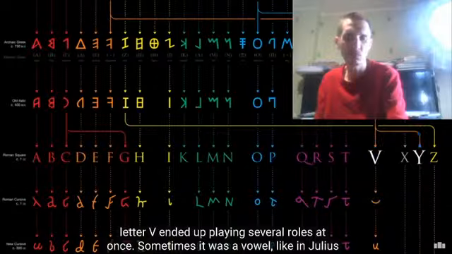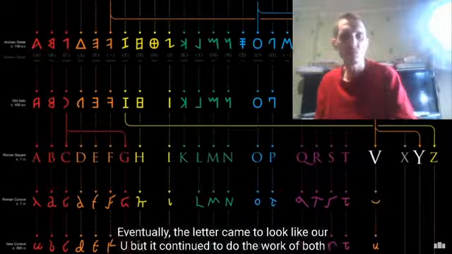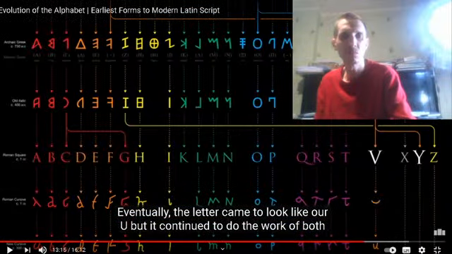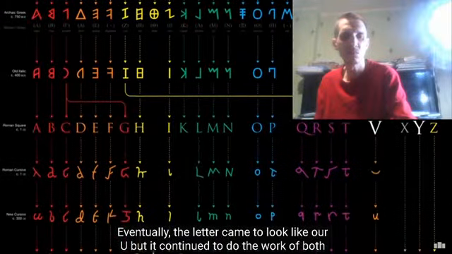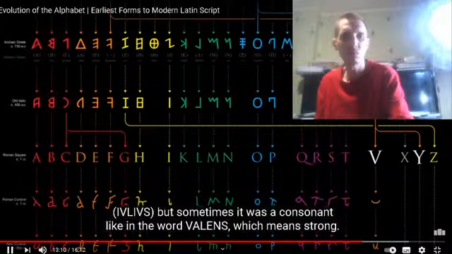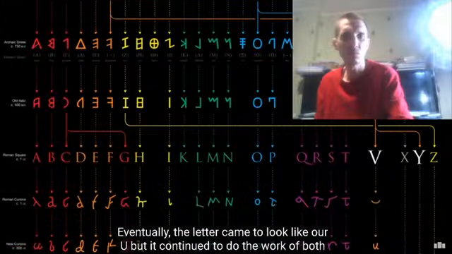Sometimes it was a vowel, like in Julius, but sometimes it was a consonant, like in the word valens, which means strong, although the Romans would have pronounced it closer to walens.